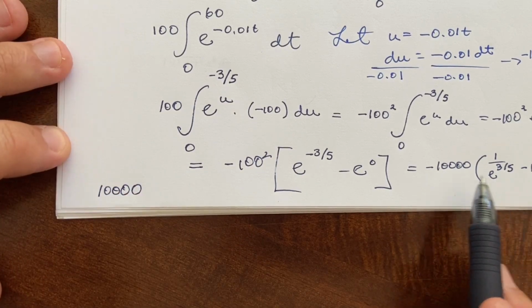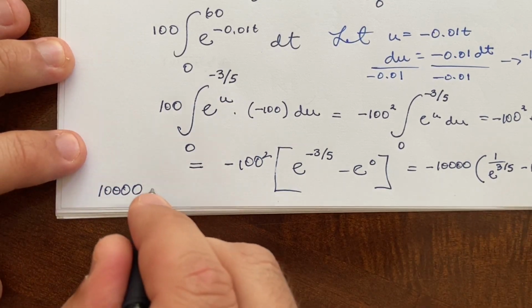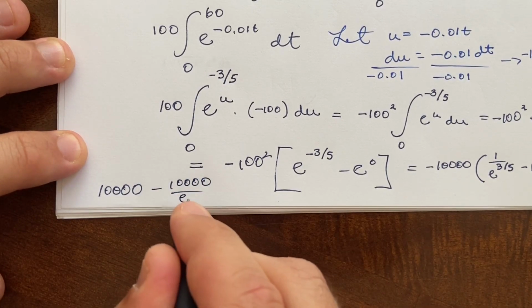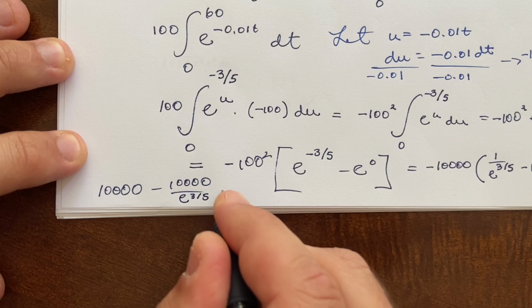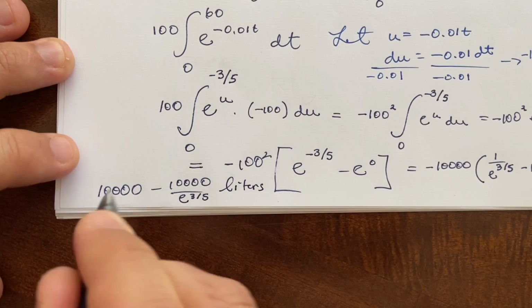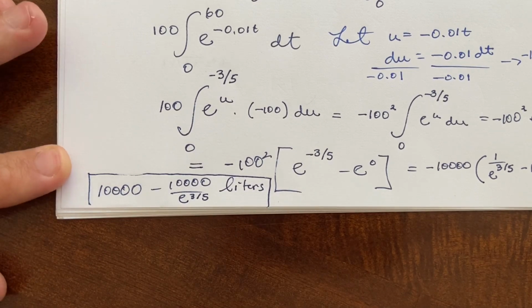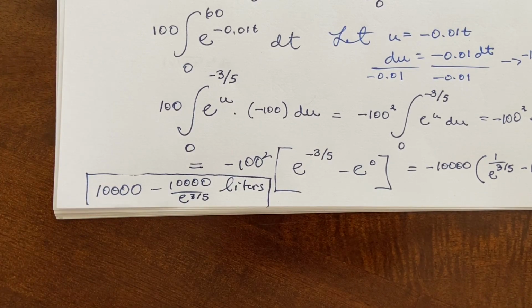So just switching and actually distributing, minus 10,000 over e to the 3/5 power, and this is liters. Okay, it's something like 4,000 liters if you type that in.